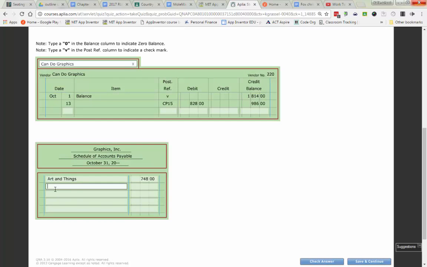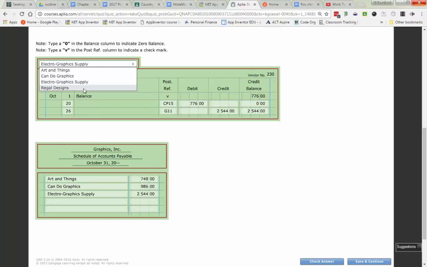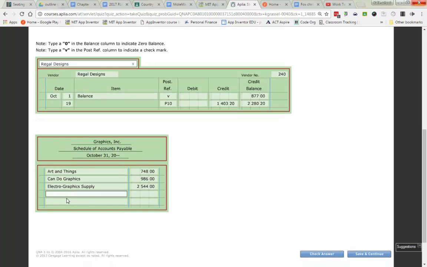Yep, it looks like we owe Can Do Graphics $986. Then I'm going to switch to Electrographic Supply. And I also owe Regal Designs $2,280.20.